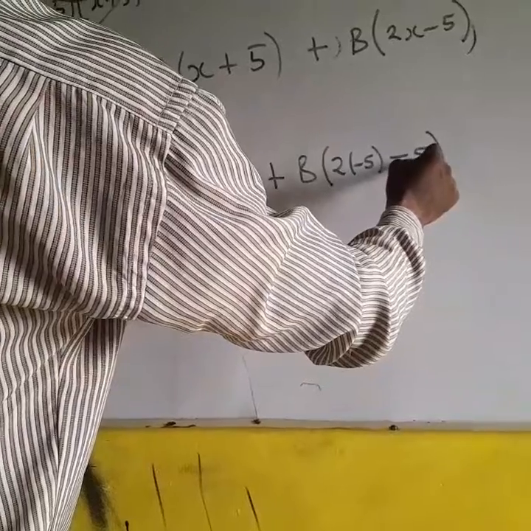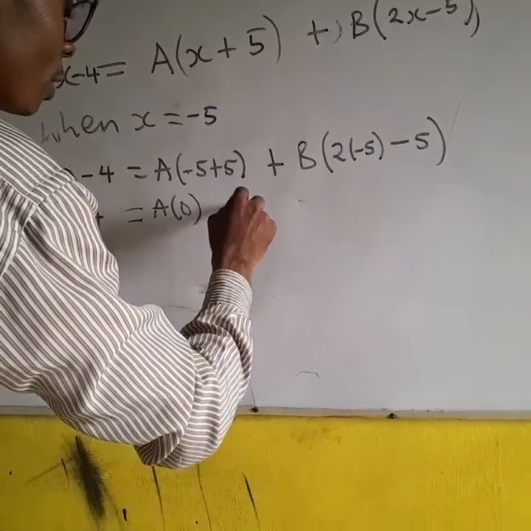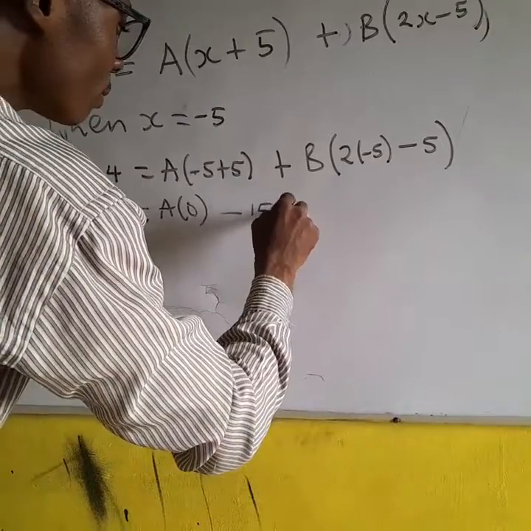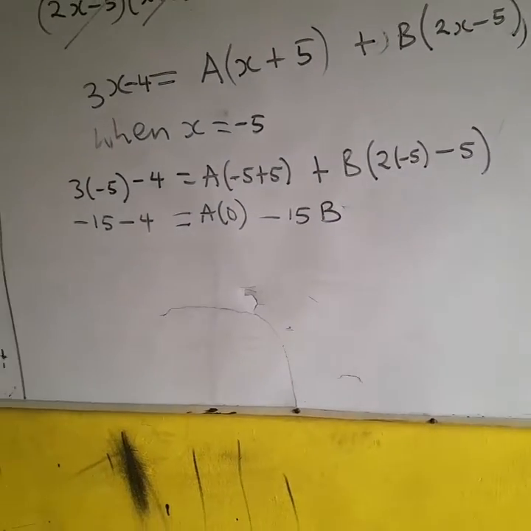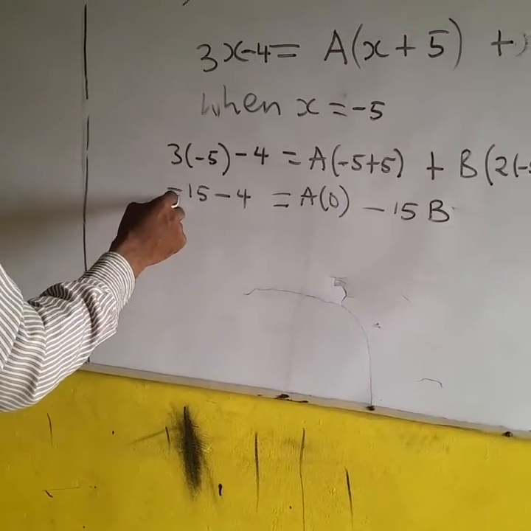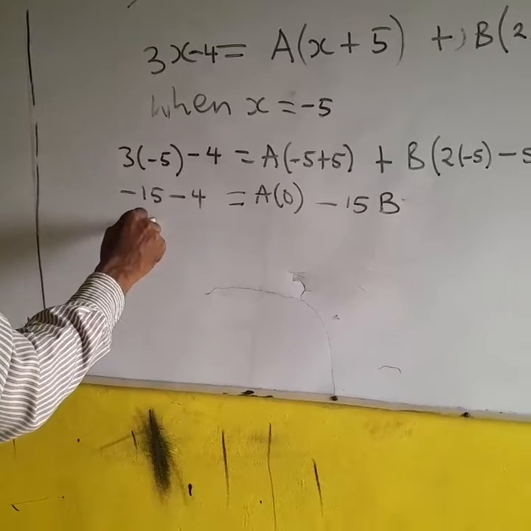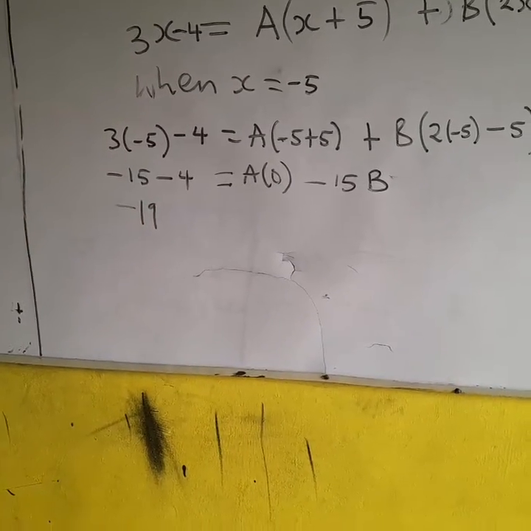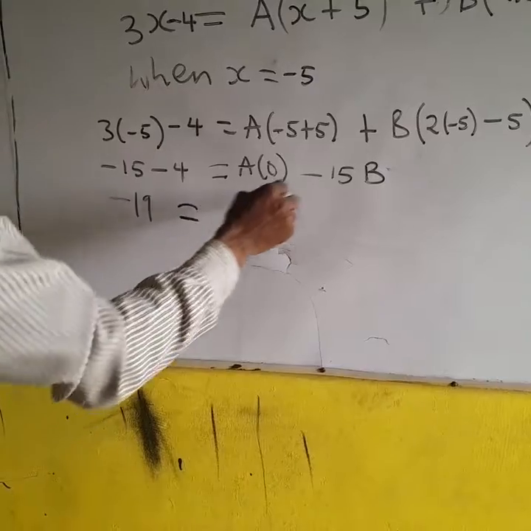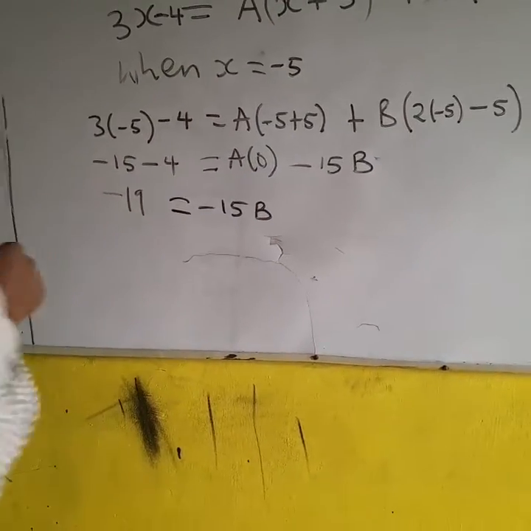Minus 10 minus 5, that's minus 15. So we have minus 15B. So A is 0 automatically. Minus 15 minus 4, that's minus 19, equal to minus 15B. We are looking for B.